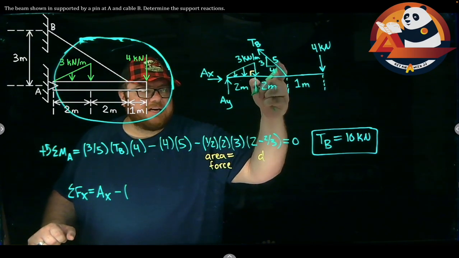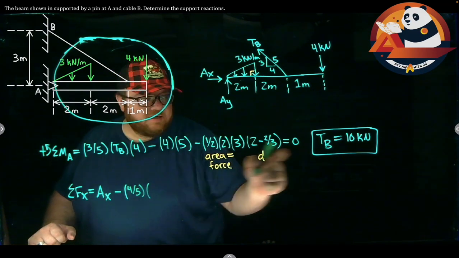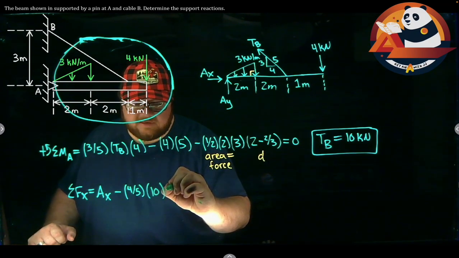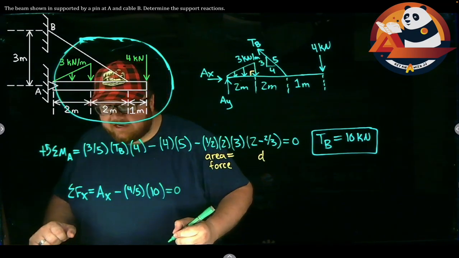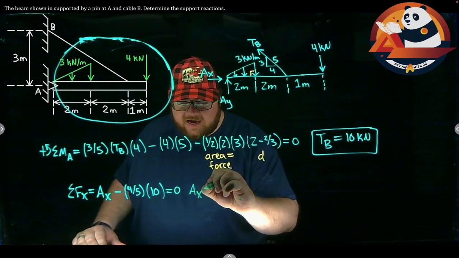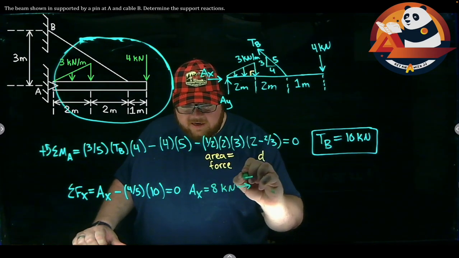Well, that would be the x leg of the triangle divided by the hypotenuse, 4/5 times our force. We just found TB was 10. That should get us to 0, which if I solve for AX, I'm going to get that AX is 8 kilonewtons, and it's going to the right.